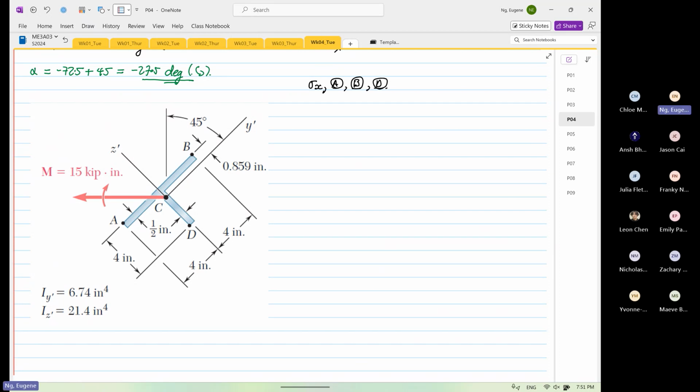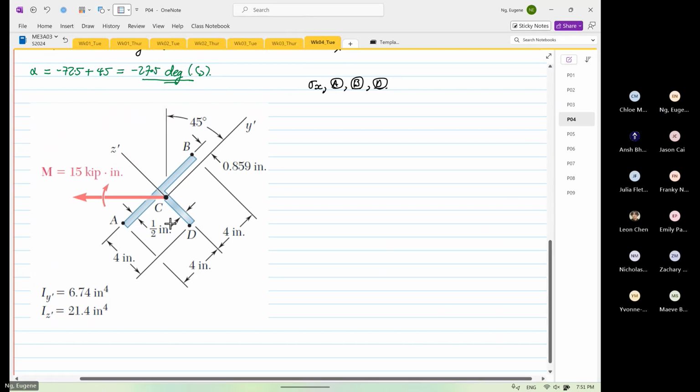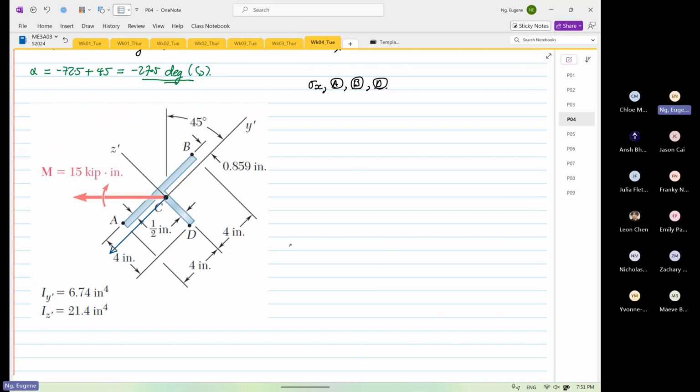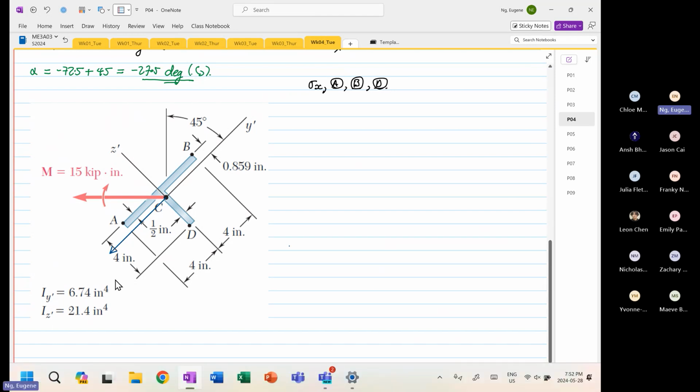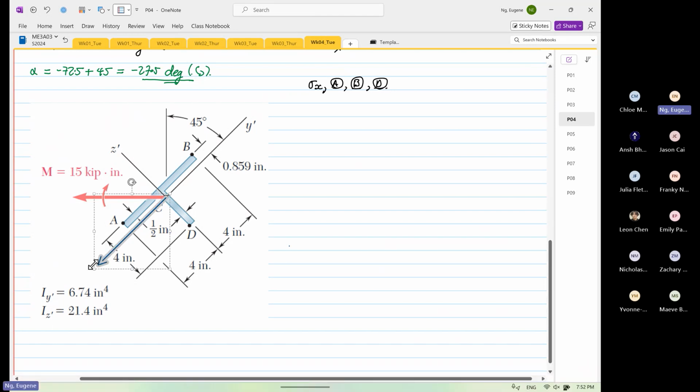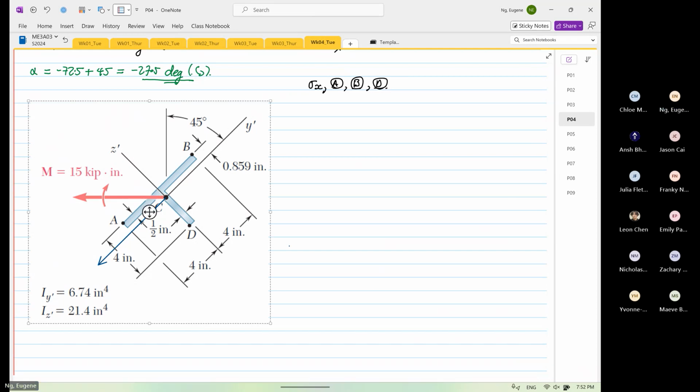Okay, so we know we use again our moment vector. So we know that this is our moment, this orientation over here. This is our moment in Y, right? This looks weird. Oh, I think I know why it looks weird. My bad. So this is moment about Y. And if you use right hand rule, right, you're going to grab.